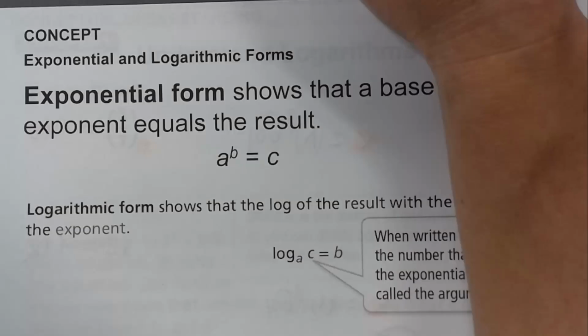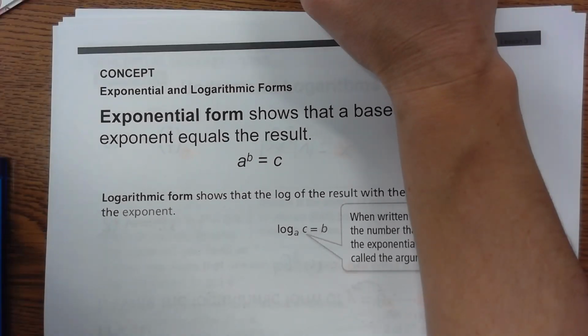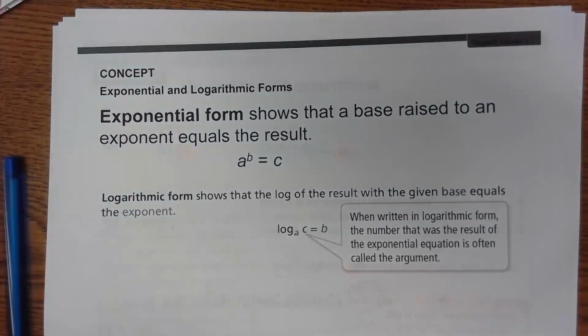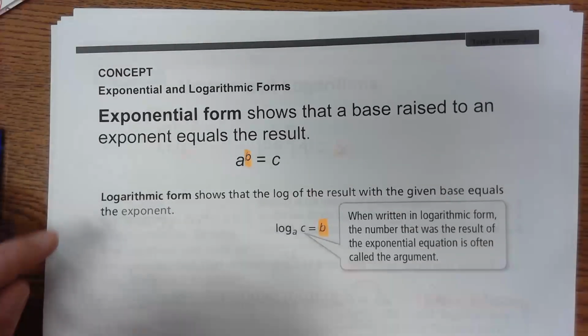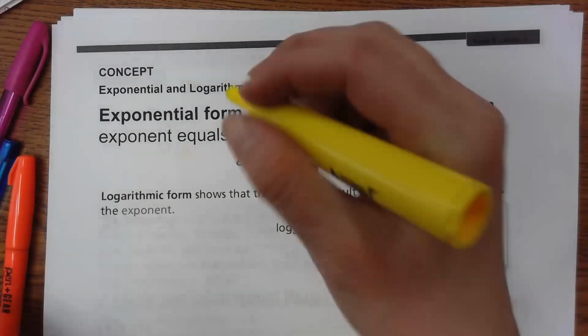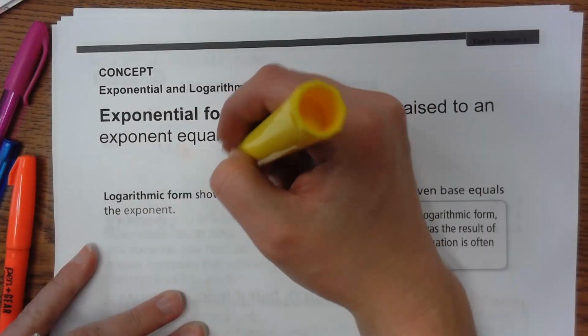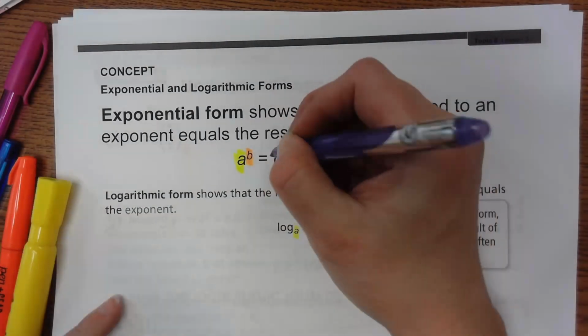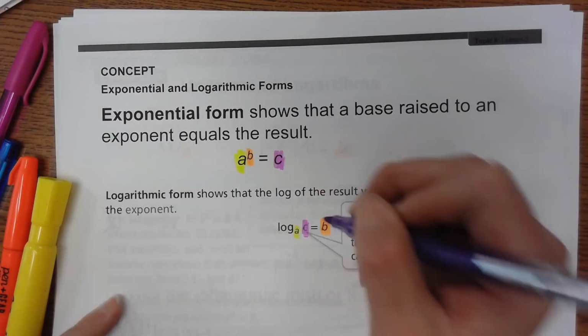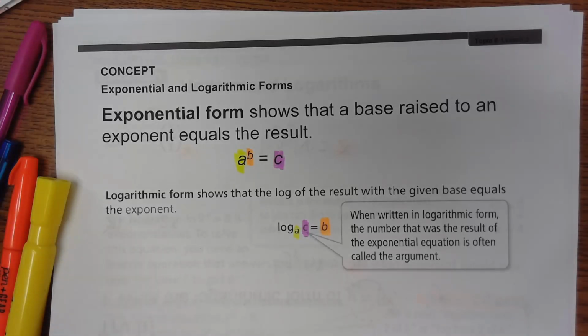Here's just a way to show where my letters go. Okay, so our exponent is what our log equals. Our base goes to the bottom, which is our a, and then we have our result in exponential form, which goes in parentheses with the log.